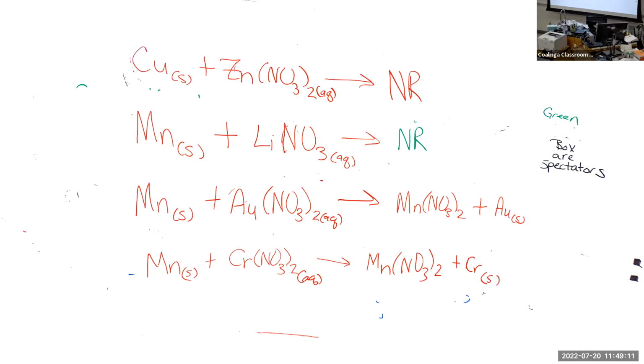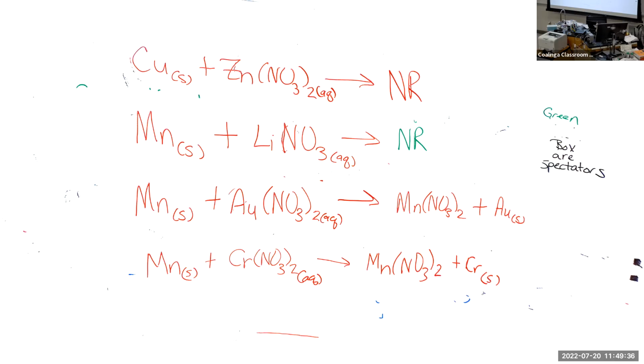Okay, questions? Okay, so now if you take a look at your activity series, it talks about hydrogen. If you look at that first group, it says if it's in water, steam, or an acid, then you can exchange for hydrogen.